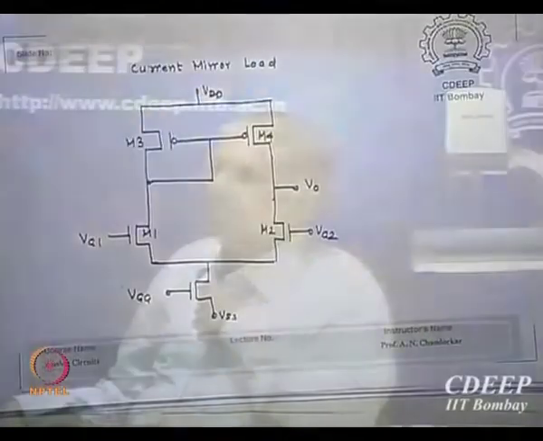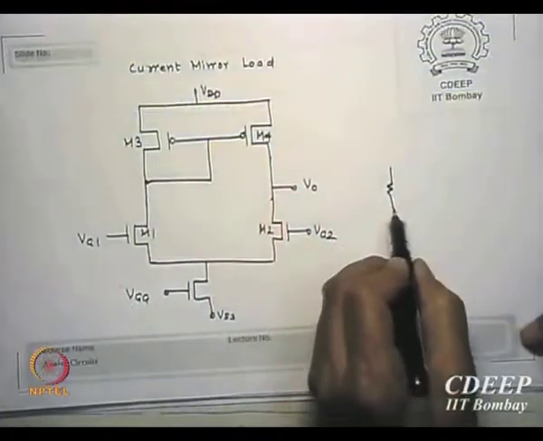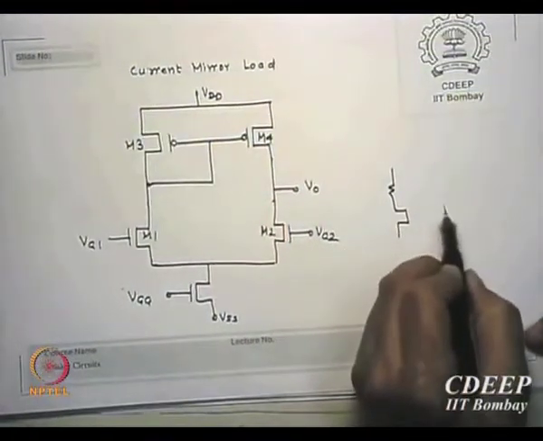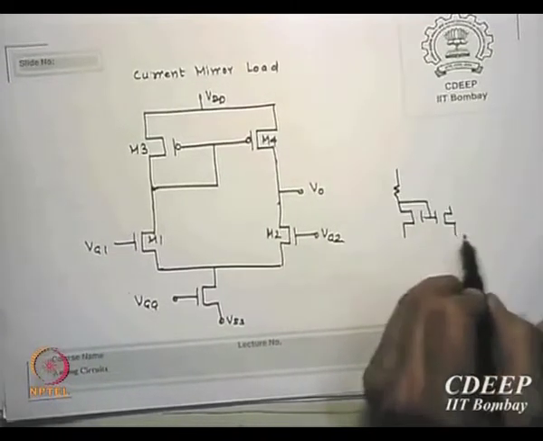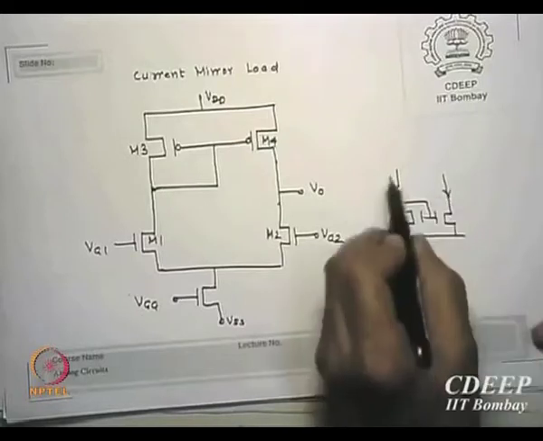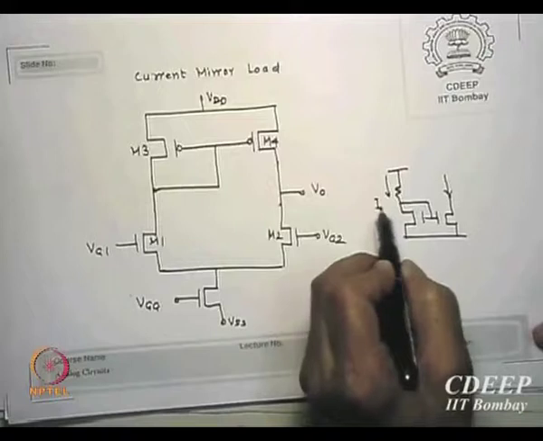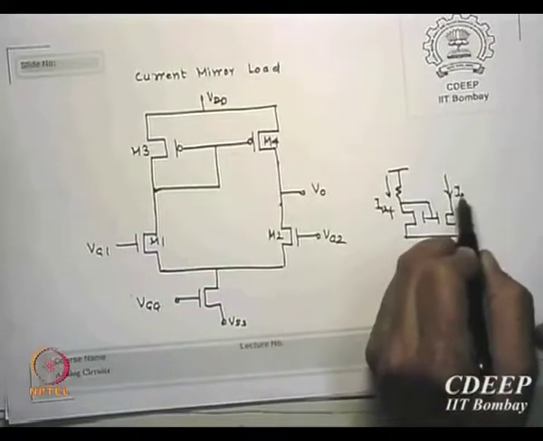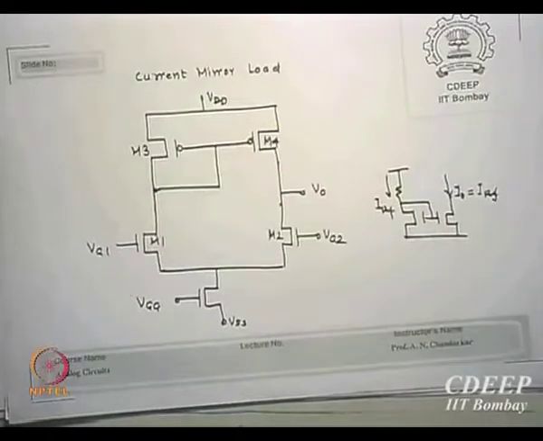What do we do in a mirror? Do you recollect mirrors? Let's see our mirror. What did we do in mirror? If W by L is the same, then here I reference, so I0 is I reference. Depends, of course, if the W by L are different, it will be multiplied.